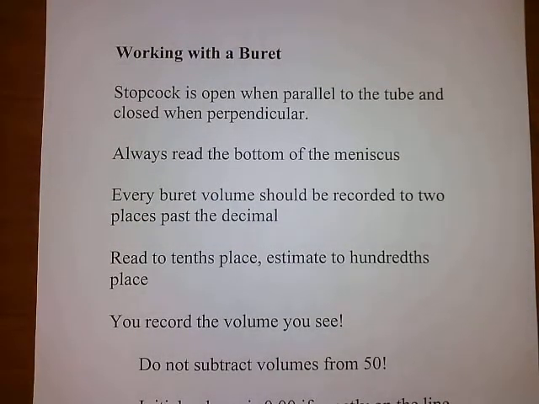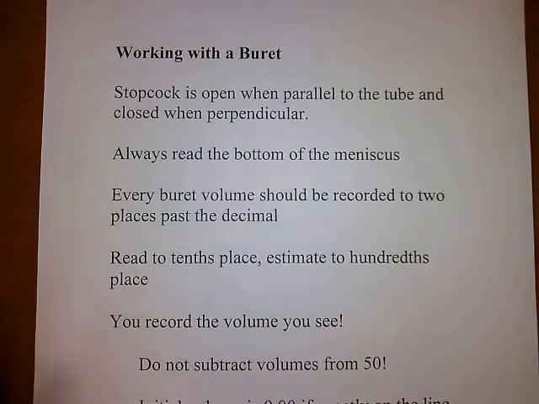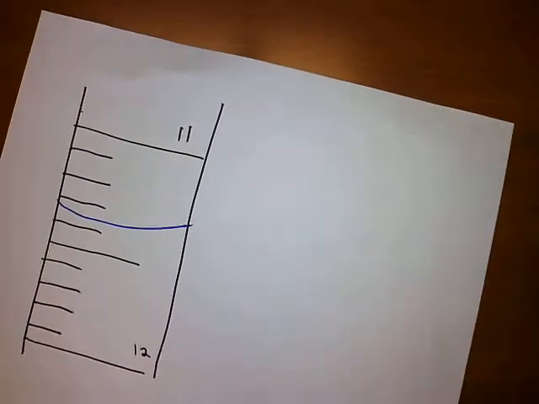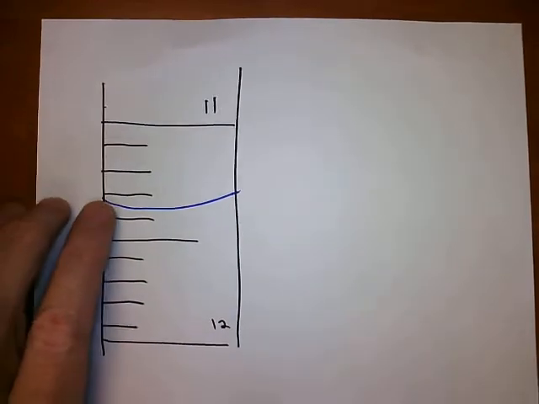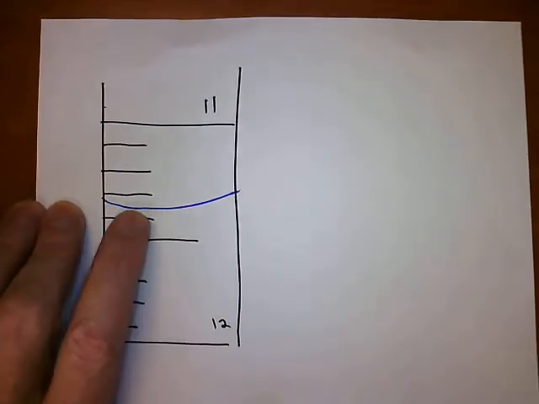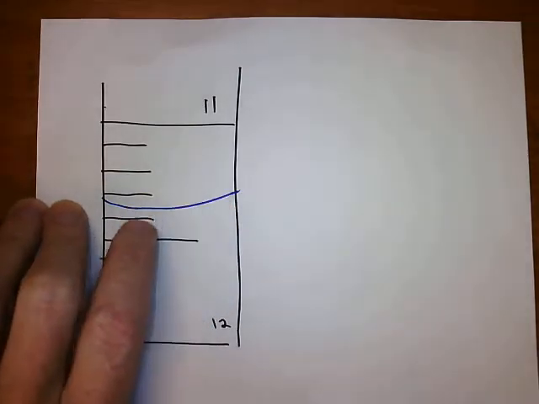Now, in a burette, or any glassware, water forms a curved surface called a meniscus. It looks like this. You always want to read the bottom of the meniscus, not the top, not the middle.